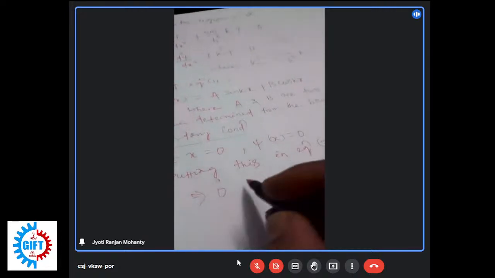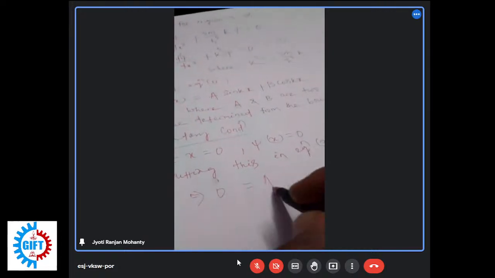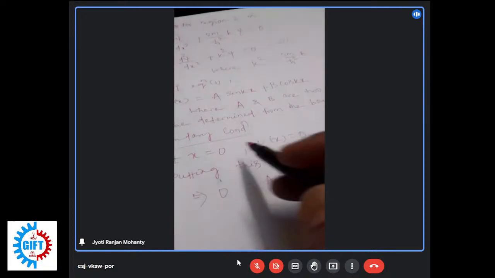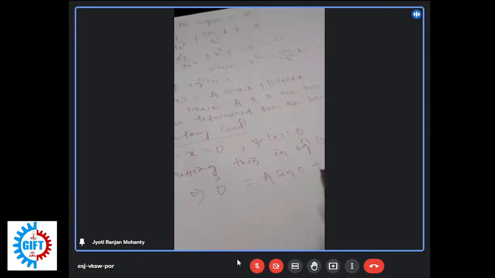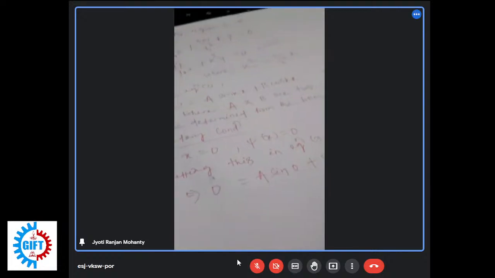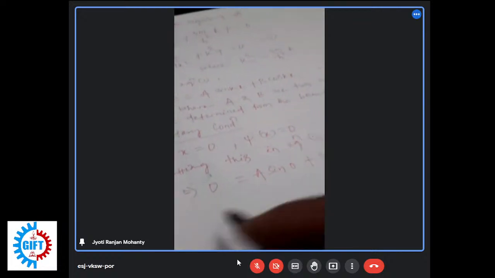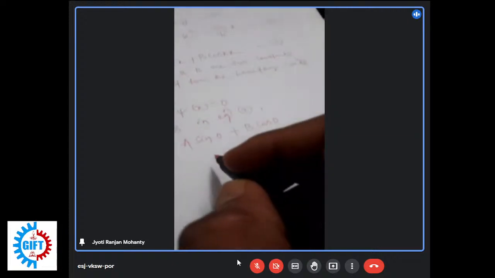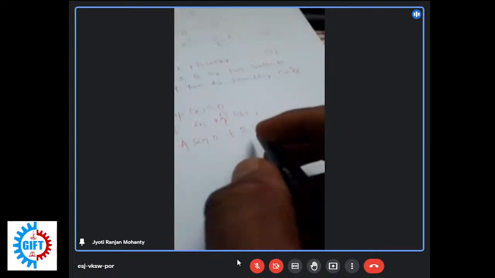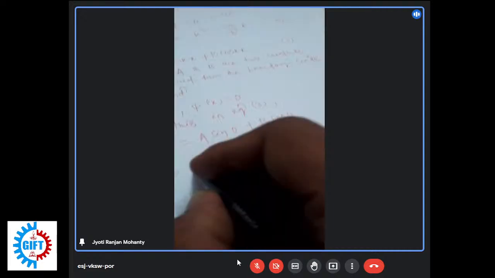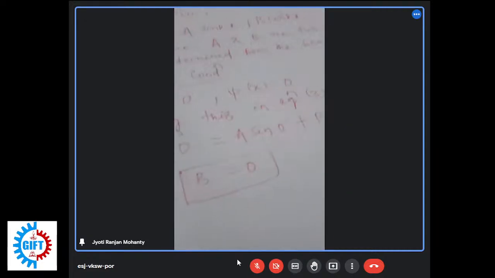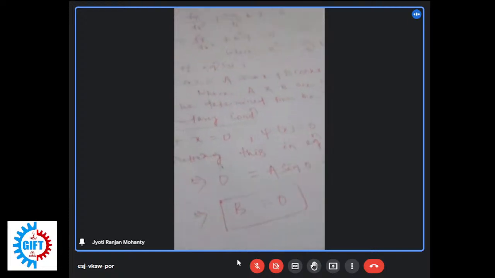So 0 is equal to a sin kx plus b cos kx. For x is equal to 0, that means a sin 0 plus b cos 0. All of you know sin 0 is equal to 0, cos 0 is equal to 1. So this implies b is equal to 0. So we got the unknown constant b is equal to 0.